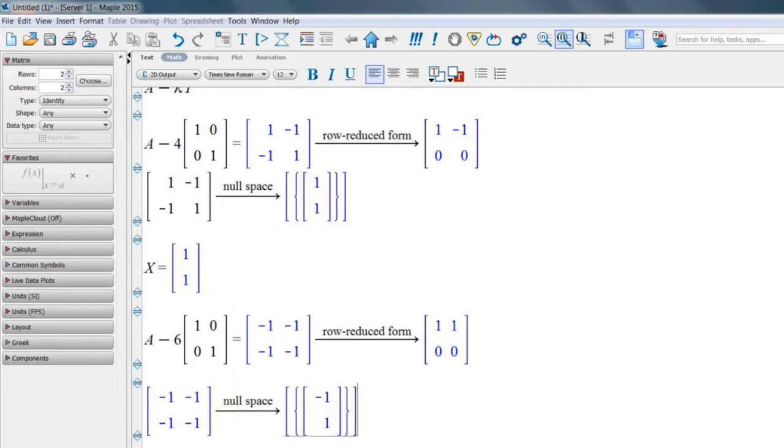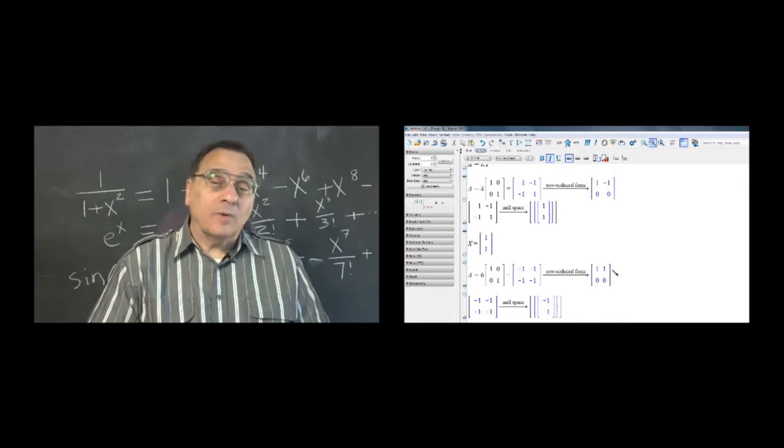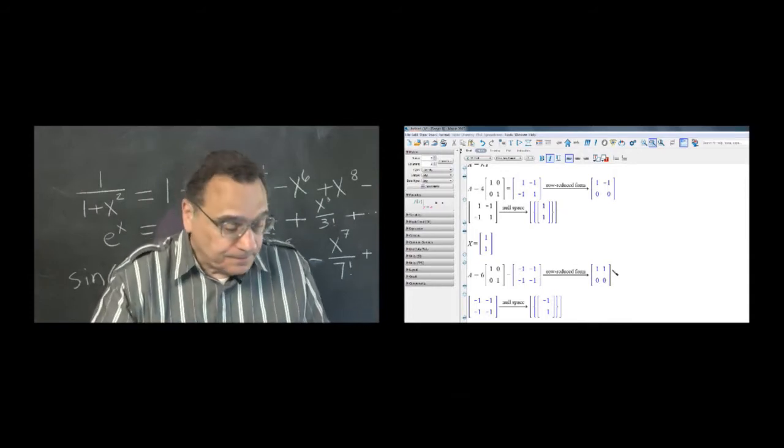That null space vector is this one, and if you remember, that was the vector we called y. So how does this row-reduced matrix tell you minus 1, 1? Well, you read this as an equation: a plus b equals 0. A equals minus b, so a and b differ in sign. Make one of them 1, the other one is minus 1.